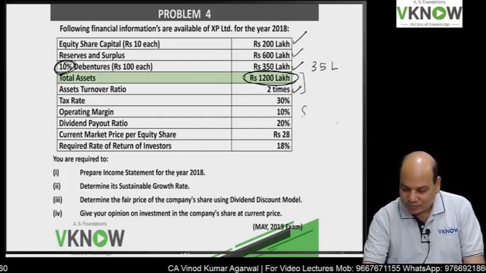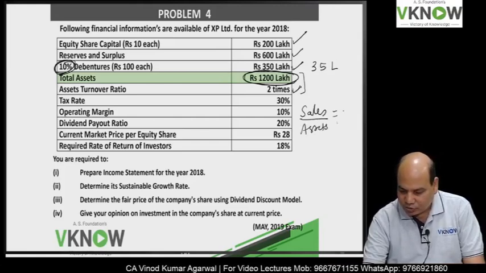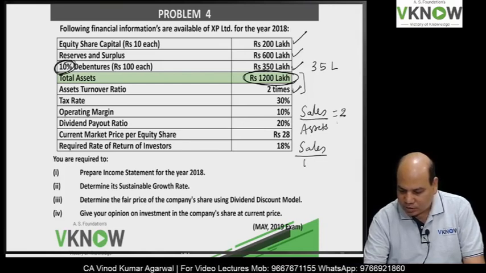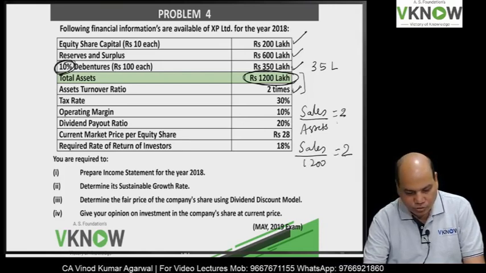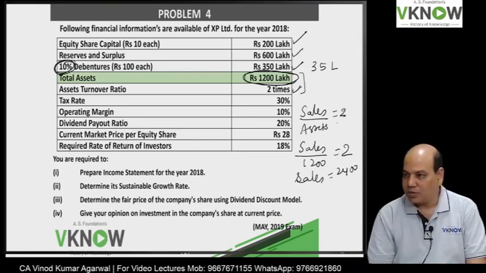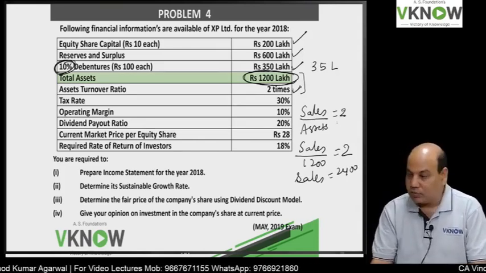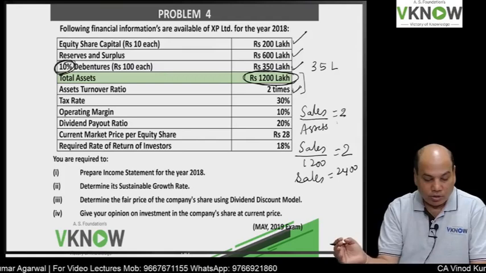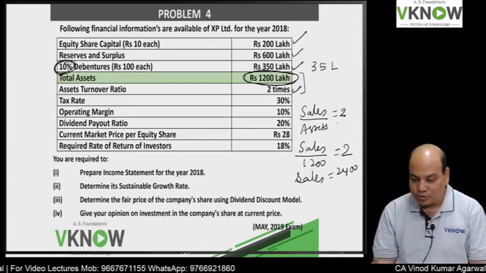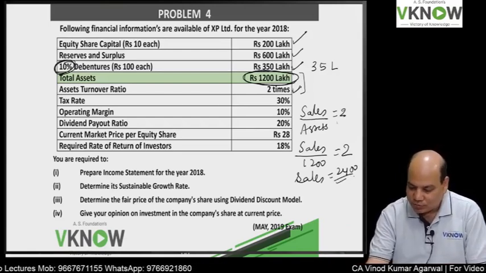So the formula is sales upon assets is 2, and assets is 1200, so sales is 2400. So you can use this information to find the sales figure. Basically they are testing your fundamental knowledge of ratio analysis also. You can't take an excuse that you are not a student of intermediate anymore. They are hardly going to listen to you.